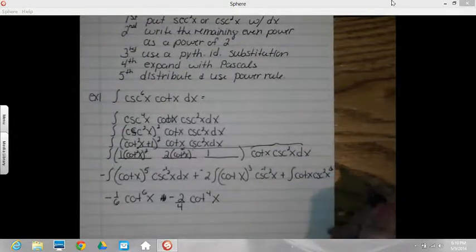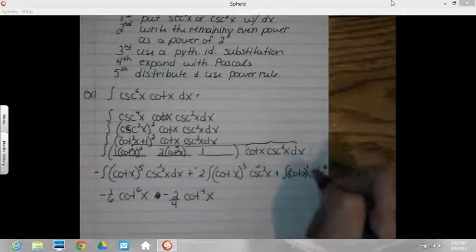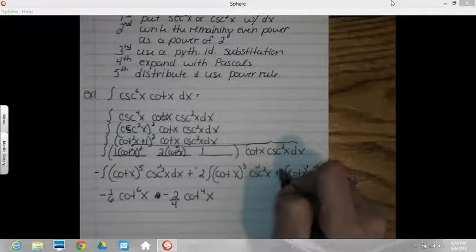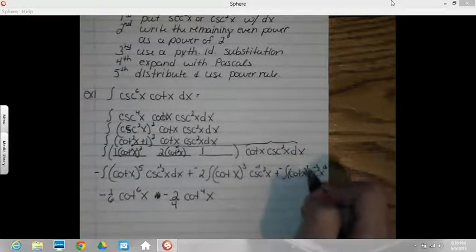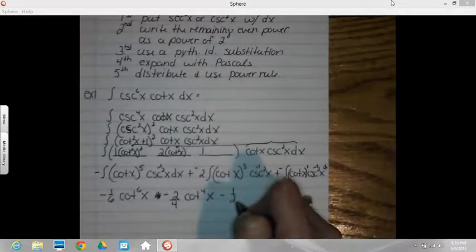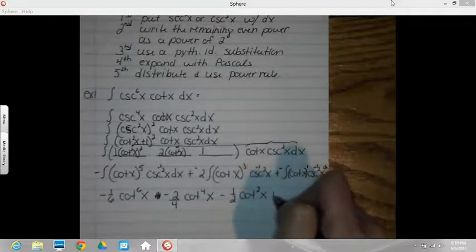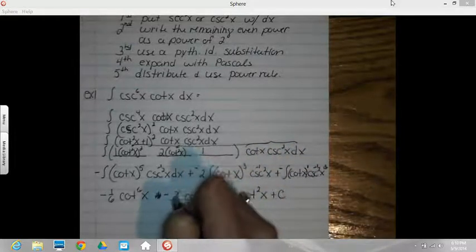You can think of it as cotangent to the first. Inside derivative is a negative, so I need a negative. And I'll add 1 here, make it a 2, so I need a 1/2. So minus 1/2 cotangent squared. And this can come down to a 1/2. And there it is.